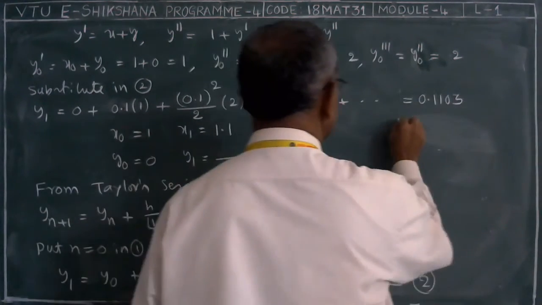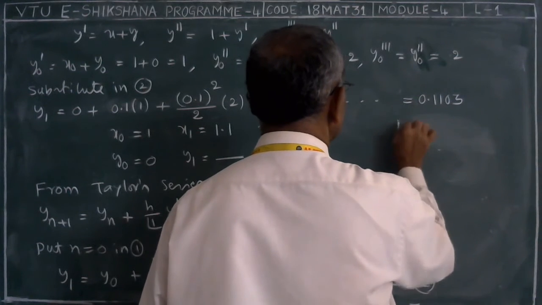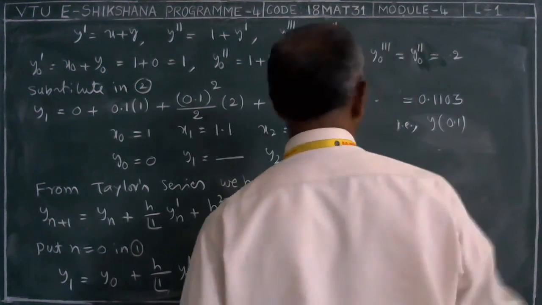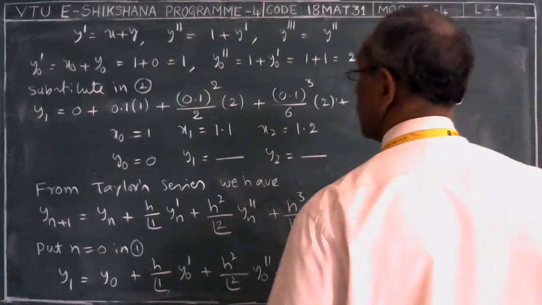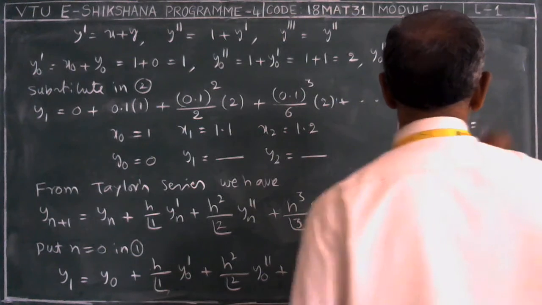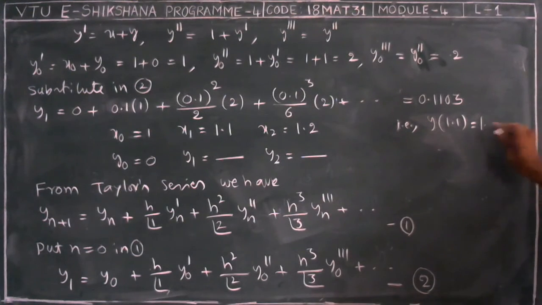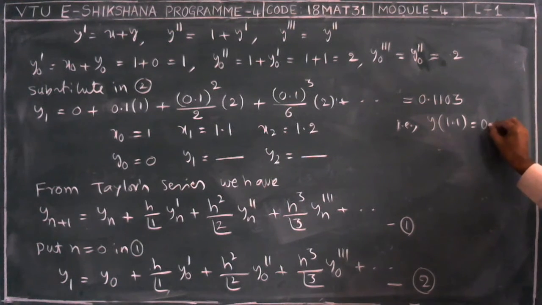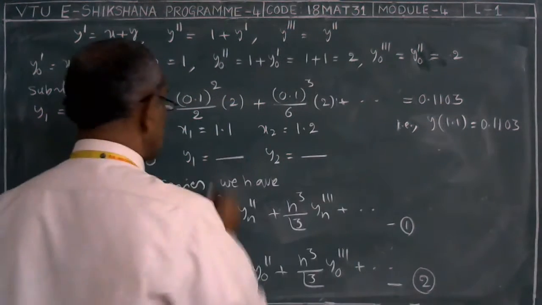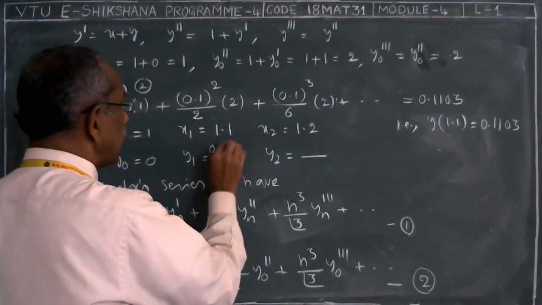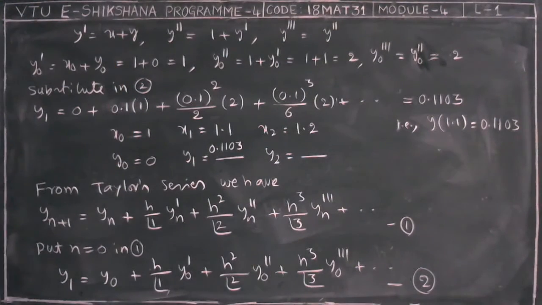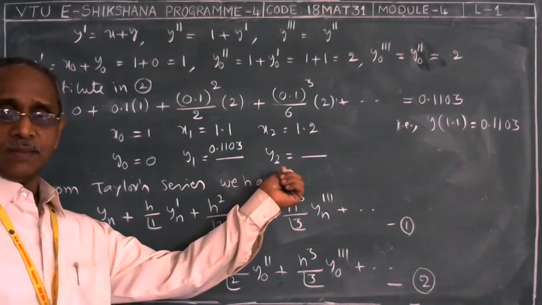That means y at x is equal to 1.1 is 0.1103. So I can fill this blank now. Okay.